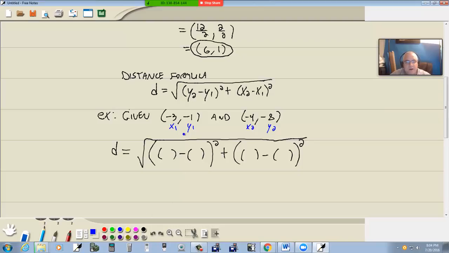Okay, so our formula is y2, which we said was -8, and this is y1, which we said was -1. This is x2, which is negative 4, and this is x1, which is negative 3.